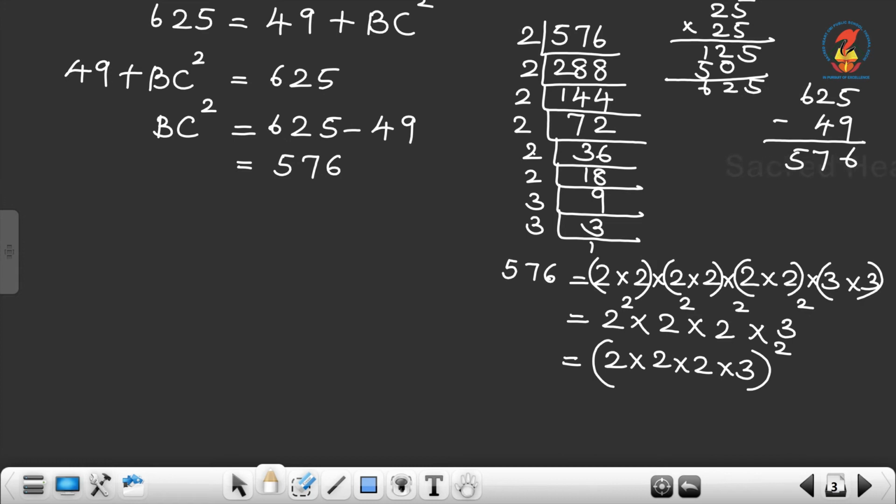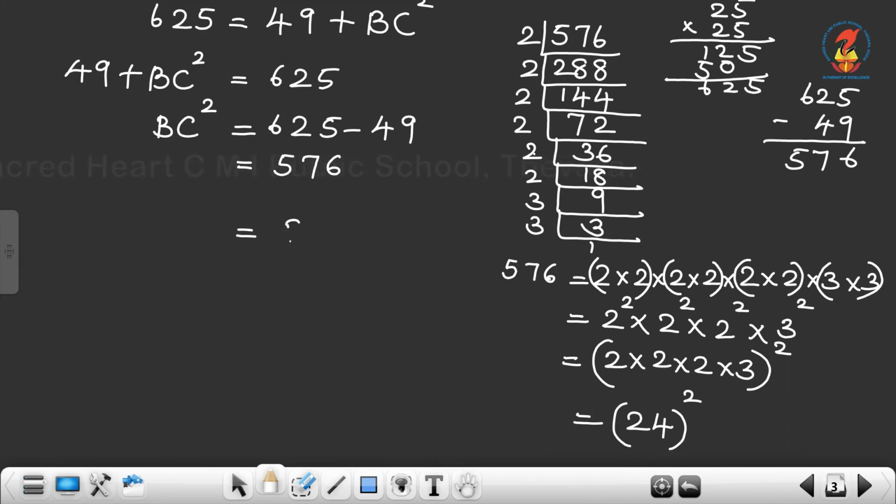Then 2 2s are 4, 4 2s are 8, 8 into 3, 24. So 576 is the square of which number? 24. So 24 square equal to 576.